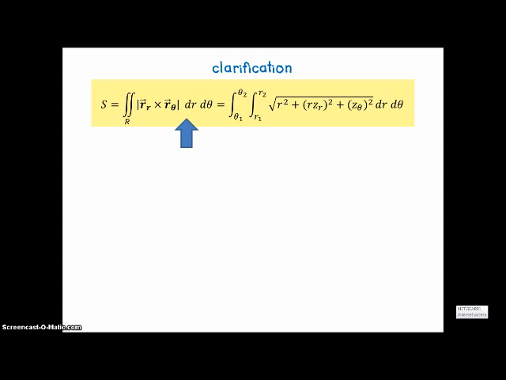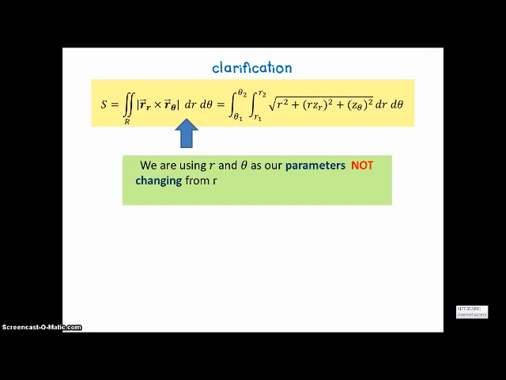We're not changing from one set of variables to another set of variables, and therefore there is no r there. We are using r and theta as our parameters, not changing from rectangular coordinates to polar coordinates. Hence, no extra r. Okay?